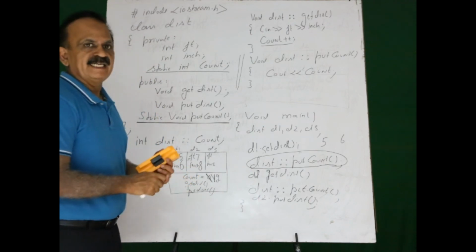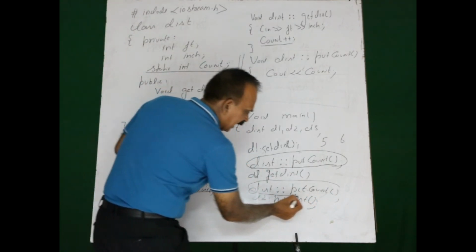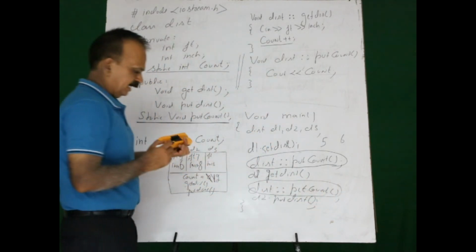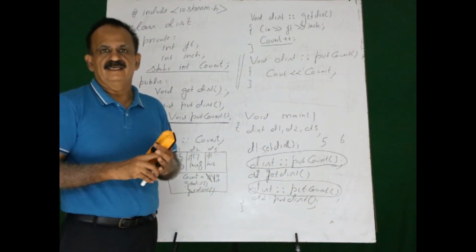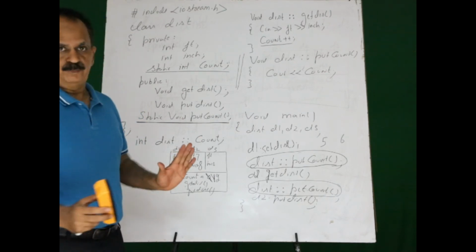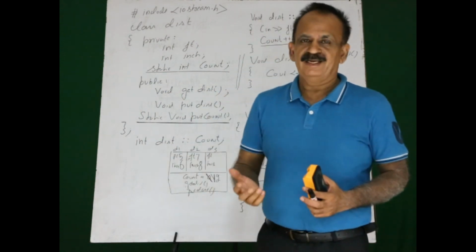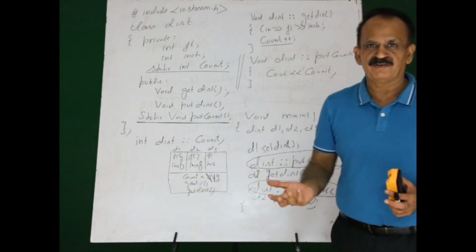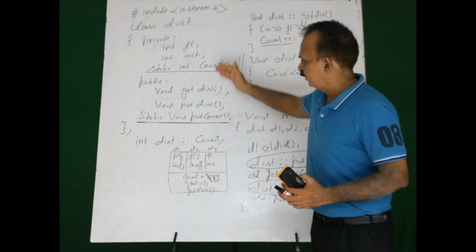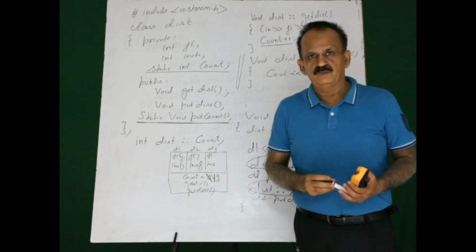So static functions are used with the help of the class name rather than with the help of an object name. I hope the topic, that is the static data members and the static member functions, is clear with the help of this particular example. Thank you very much.